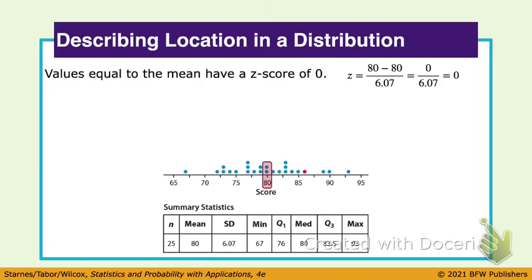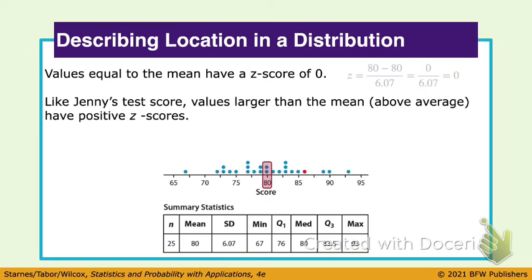If I get a positive number, that means that the value was above average, and it tells us how many standard deviations above the mean they scored, similar to Jenny.